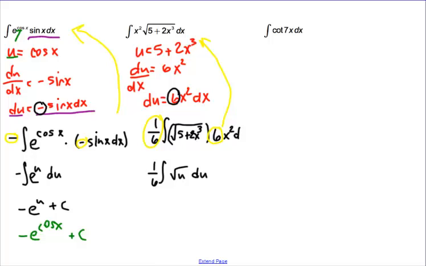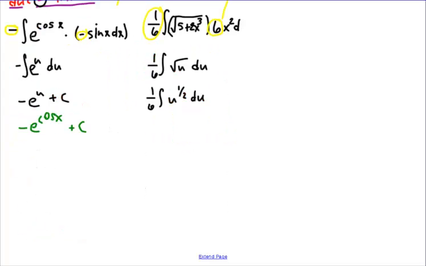So this is really 1/6 times the indefinite integral of u to the 1/2 du, and you just add 1 to the exponent, divide by the new exponent, so this is 1/6 times u to the 3/2 divided by 3/2 plus c.